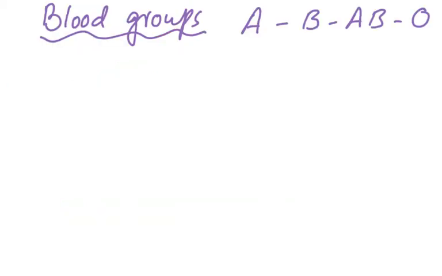Now I'm going to explain to you how to do genetics questions. I'm doing it with an example of blood groups. As we all know, there are 4 blood groups. Another thing we've got to remember is that there are 3 alleles. Alleles means the alternative form.